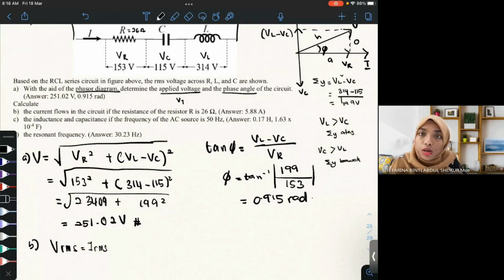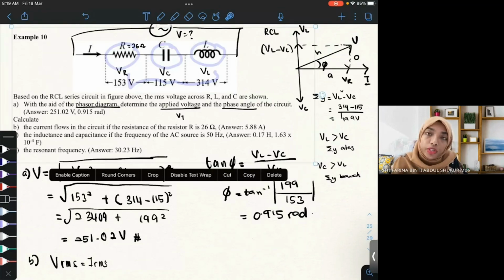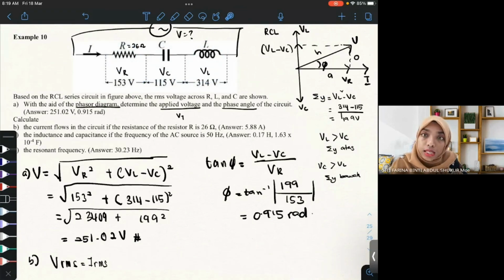Okay, Ohm's law, basic Ohm's law itu adalah for the opposition across resistors sahaja. Now, we have three component who are going to oppose, which is the resistance, reactant of the capacitance, and also reactant of the inductor. So kita ada tiga ini. So secara keseluruhannya, we have impedance here. Because impedance is the total opposition.